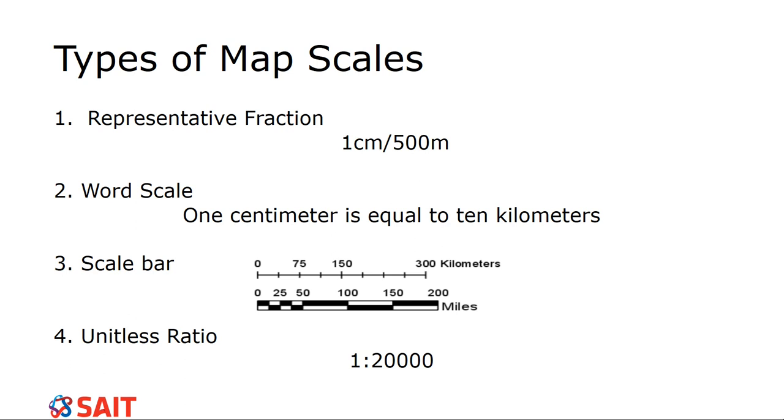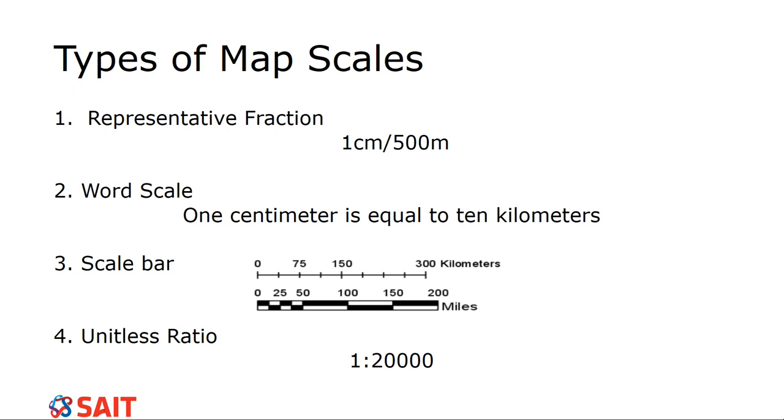Then we have the unitless ratio. Nowadays you're going to see pretty much everything have a unitless ratio. If you go into Google Earth or Google Maps, you do see a scale bar. Again, that is for a quick, general idea of how far away something is. If I actually have to do calculations, I'm going to use a unitless ratio. The nice thing about the unitless ratio is that I can use any unit.